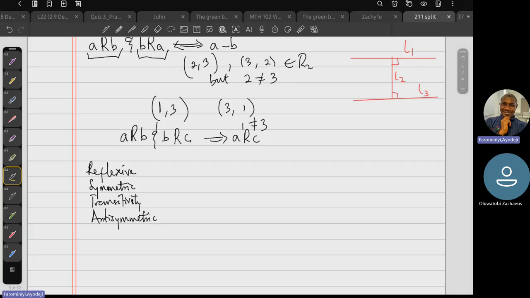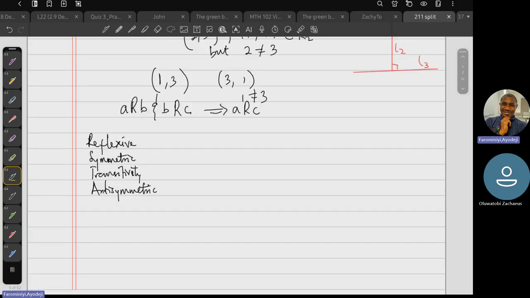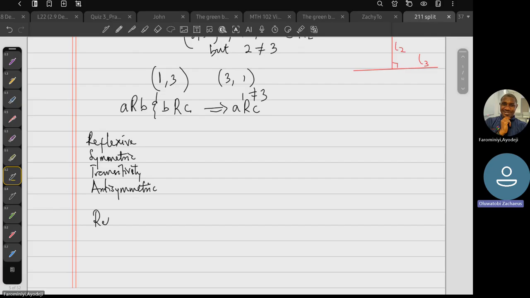So before we wrap it up, a relation that is reflexive, symmetric, and transitive is called an equivalence relation.